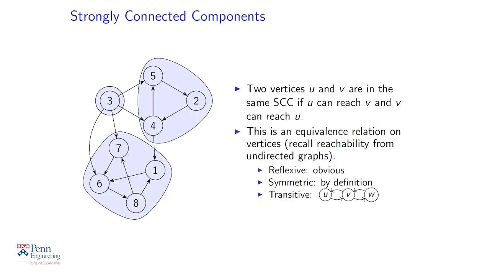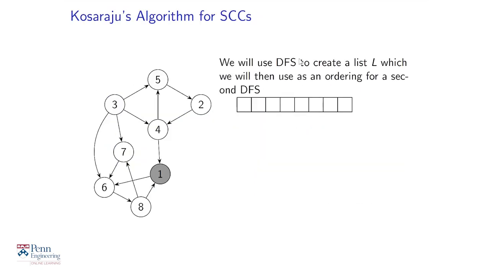Now, the strongly connected components are defined per equivalence class of this relation. All the vertices in one equivalence class and all the edges between them are one strongly connected component. The whole graph is called strongly connected if all of the vertices of the graph are in relation with each other. Okay, now how do we find the strongly connected components of a graph?